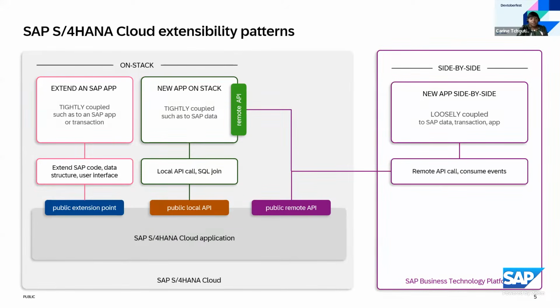For decoupled applications, we can also go to the SAP BTP platform and use the full BTP portfolio to build extensions there, and also have access to the Cloud ERP using the SAP remote APIs, but also custom remote APIs. It's important to mention that the patterns most of the time work hand in hand, so in a project we may need a mix of different scenarios depending on what we want to achieve.